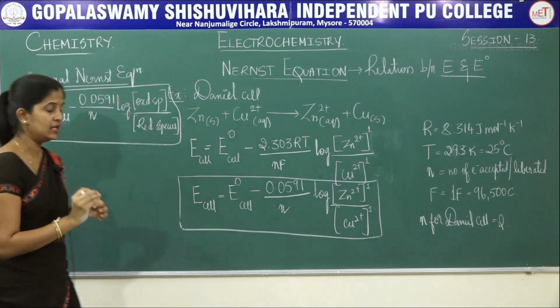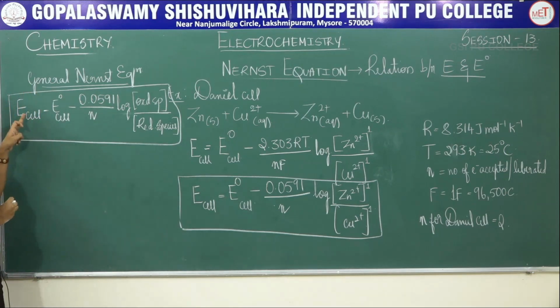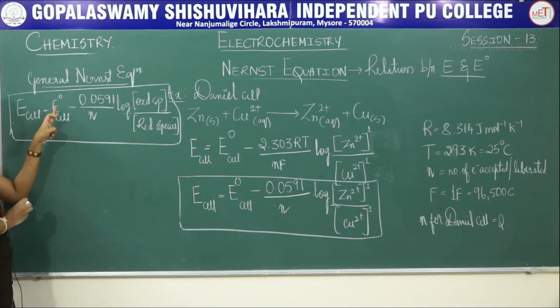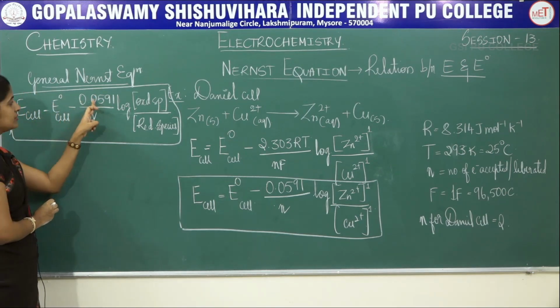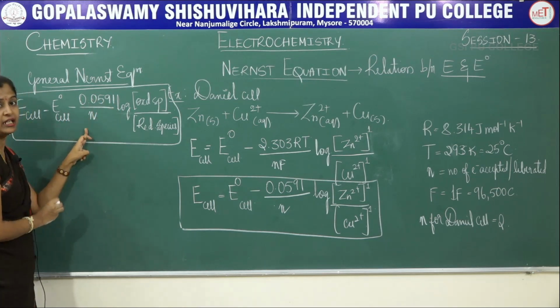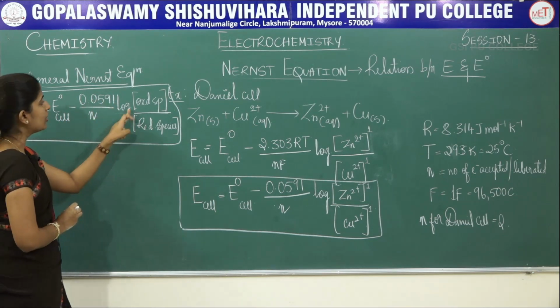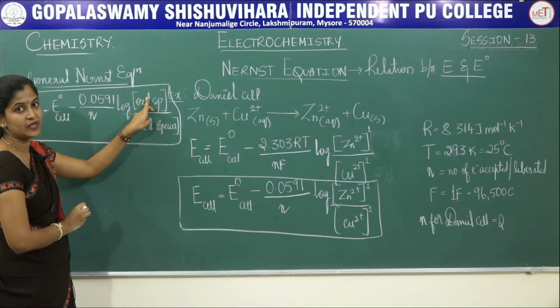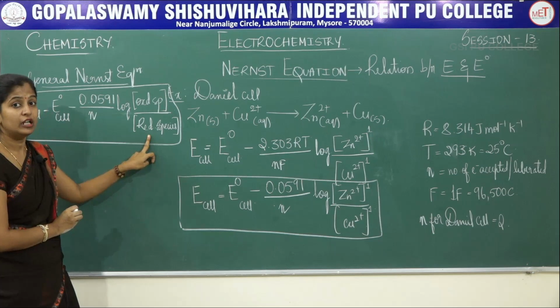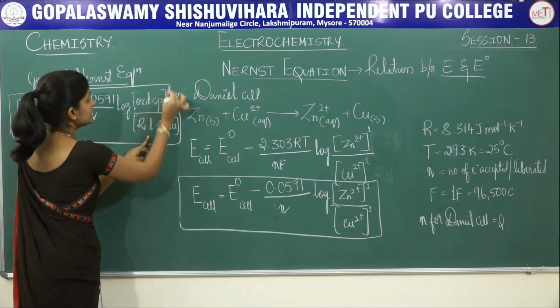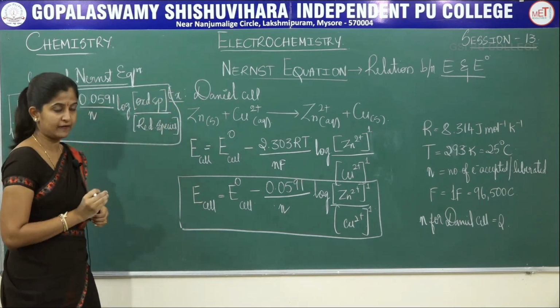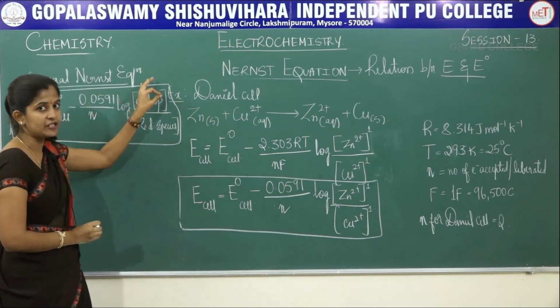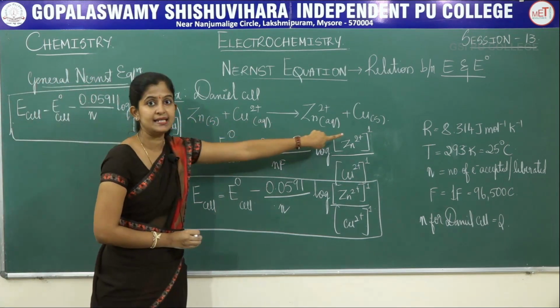So if you take any cell and want to apply the Nernst equation, it will be E cell is equal to E naught cell minus 0.0591 by N. N is the number of electrons transferred, log of concentration of oxidized species divided by concentration of reduced species. Remember, raised to the power of their stoichiometric coefficients present in the chemically balanced equation.